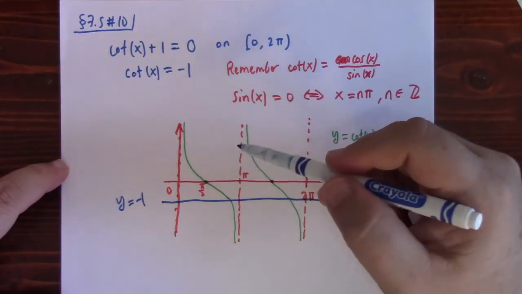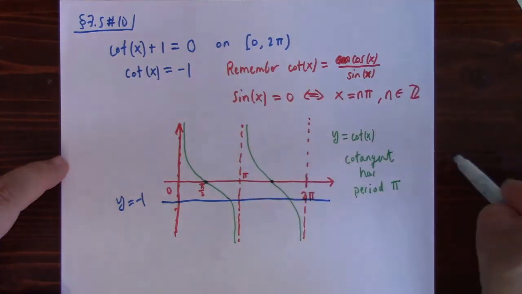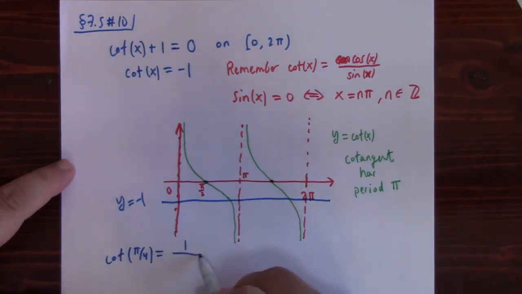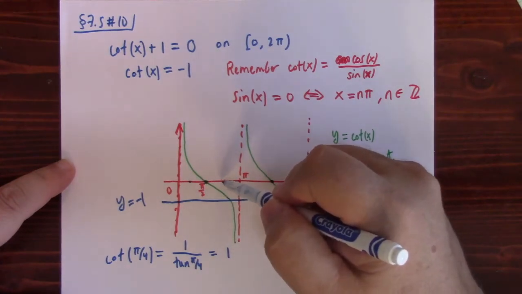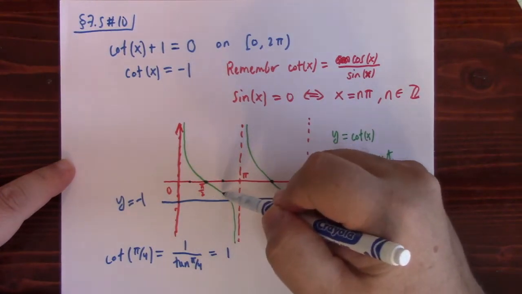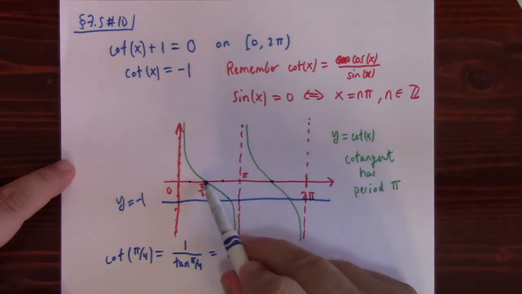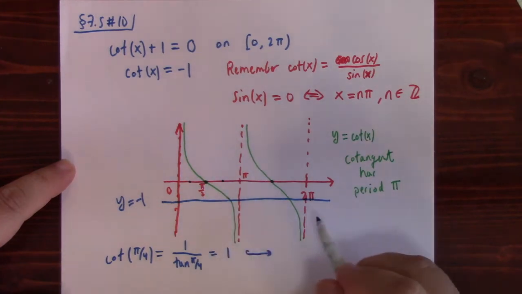If I'd drawn this better, we should all know that the cotangent of pi over 4, which of course is 1 over the tangent of pi over 4, is 1. So that would be like here. So by symmetry, we should have minus 1 over here. So what's halfway between pi over 2 and pi? 3 pi over 4.